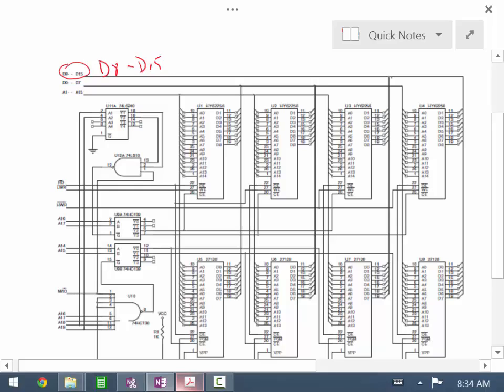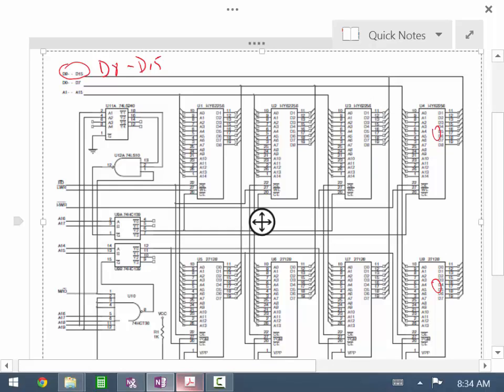As we look at this, this line goes across here, goes down to this chip, goes to this chip here, comes down here, and goes to this chip. Actually, it does not go to this chip right here. I made a mistake there.